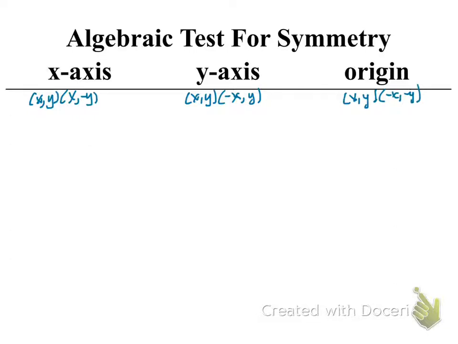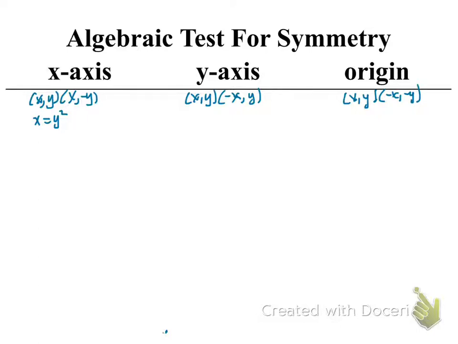And so what we do is start with our equation. For the x-axis, that equation was actually x equals y squared. If I were to replace the y with negative y, I should get the same equation, because my x's don't change.